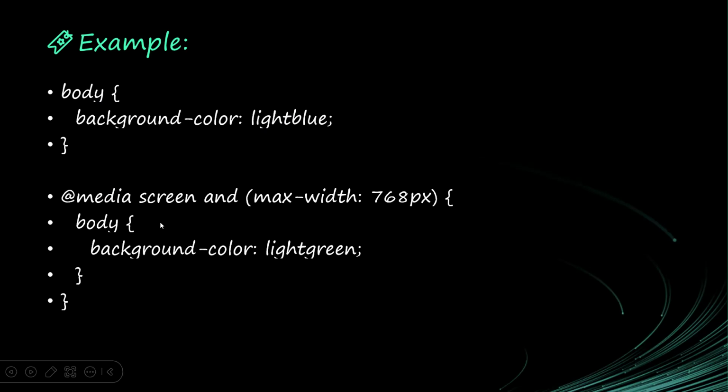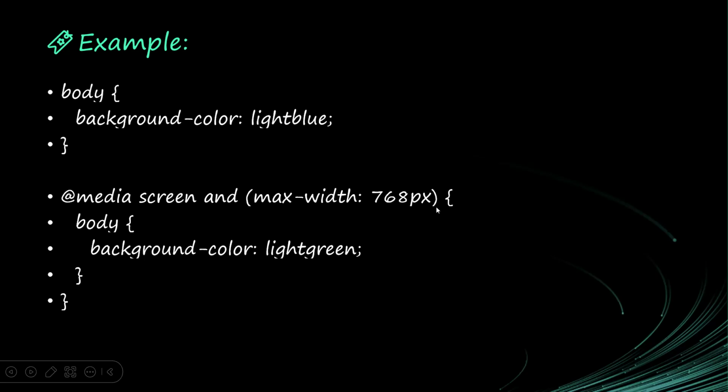But mostly as a web developer, you'll be designing for screens. So we have different types of media, but basically we'll be designing for screens. And in this media query, we are saying that when the media type is screen and when the feature of this screen is max width, this maximum width is 768. It means that this style should apply to any screen that has a width of 768 and less.